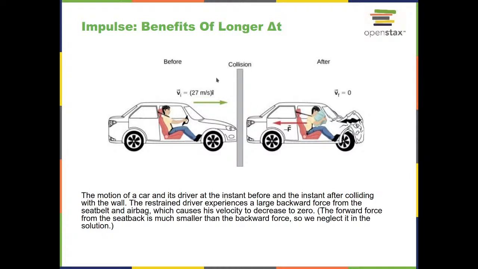Let's say you're starting with an initial velocity of 27 meters per second, and you collide against this wall, so your final velocity will be 0. The average force which the wall exerts on the car is going to be the initial momentum minus final momentum, so the change in momentum over delta t.